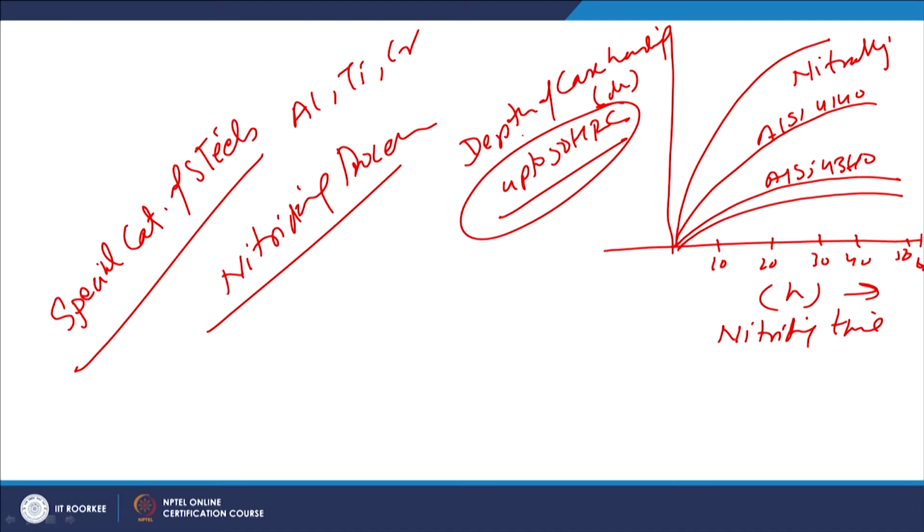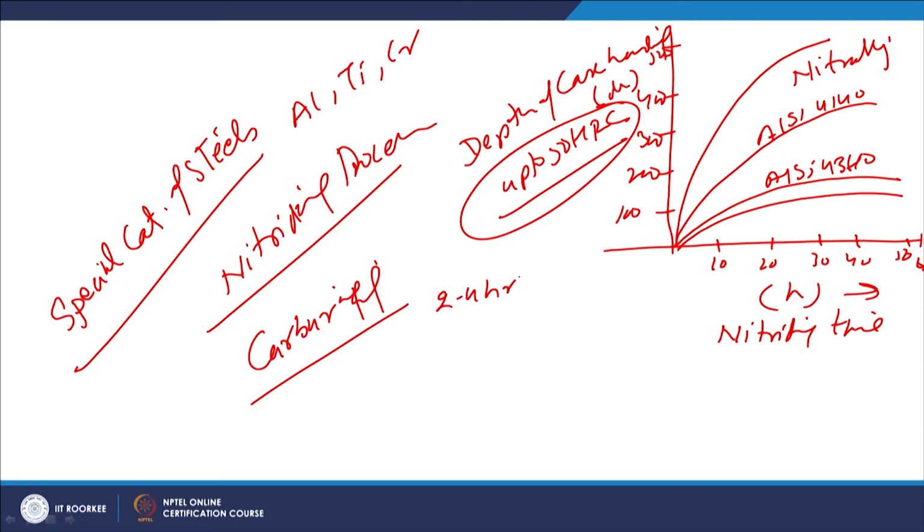And if we see the depth up to which the hardening is plotted here, it will be like this: 100 micrometer, 200, 300, 400 and 500, as compared to carburizing, which took 2 to 4 hours to get a case hardened depth of about 150 to 2000 micrometer.